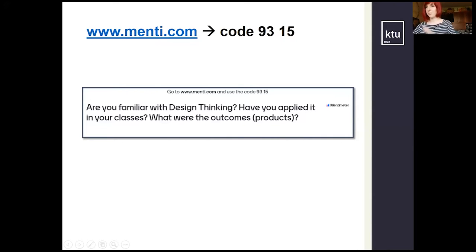So before I give a crash course into design thinking, I want to know whether you are familiar with this type of method at all, and if so, whether you've applied it in your classes, and if so, what kind of products did your students develop? So please go to www.menti.com and insert the code 9315, and you should see the question.